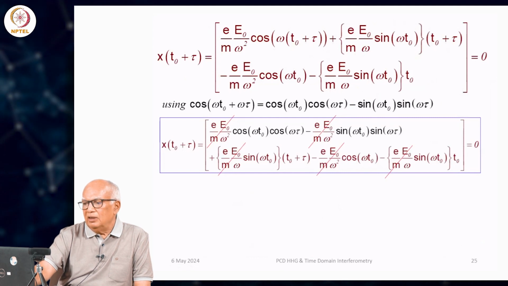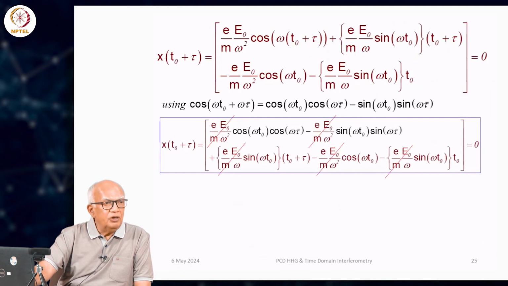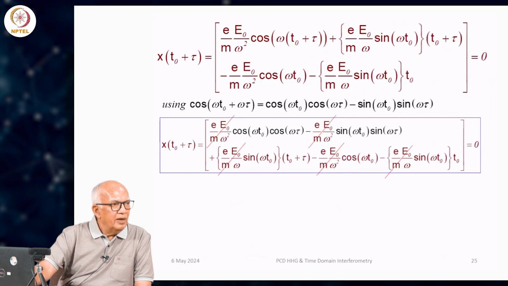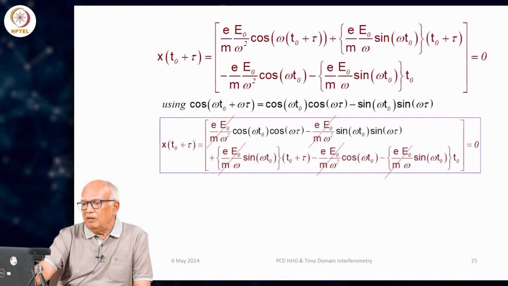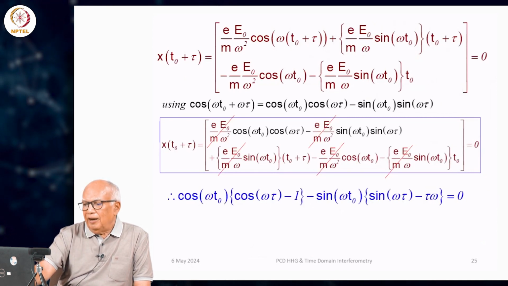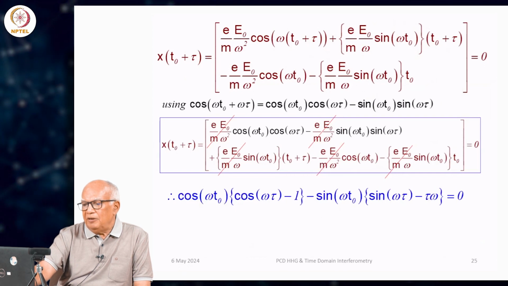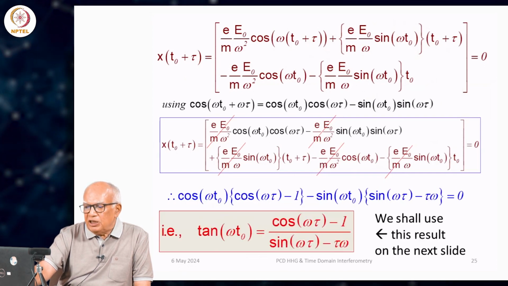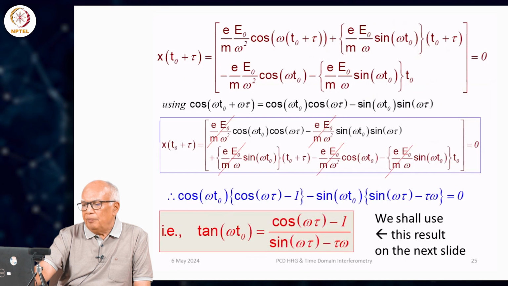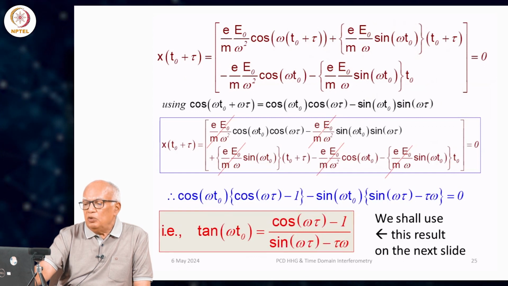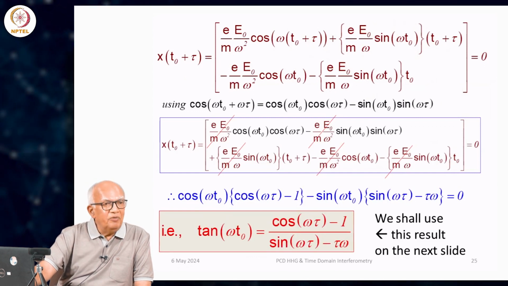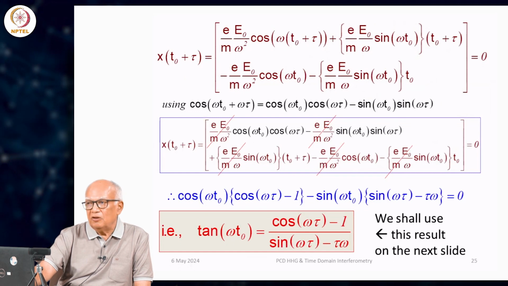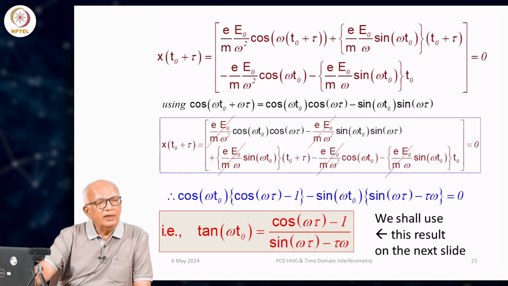Strike out the constants which are unnecessary to simplify the terms. Okay. And when you do this very simple mathematics, you get this relation for the tangent of omega t0, and I will use this relation on my next slide, which is the one of importance to get the kinetic energy.